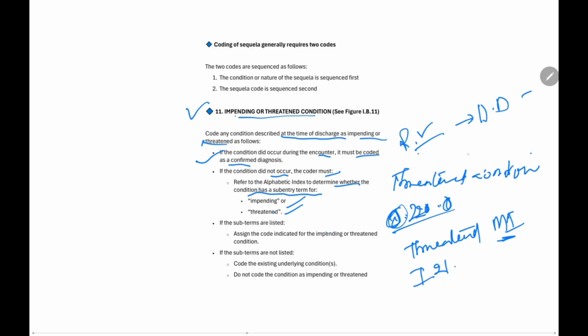After the visit, it may happen. There is a threatening condition, like it may happen, it might occur, near to the discharge date. So if your alphabetic index is not showing subterms, then you code the existing underlying condition first. Do not code the condition as an impending condition.